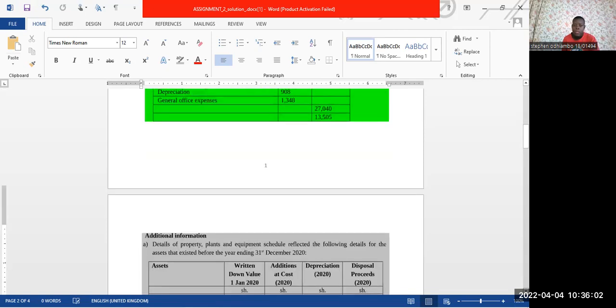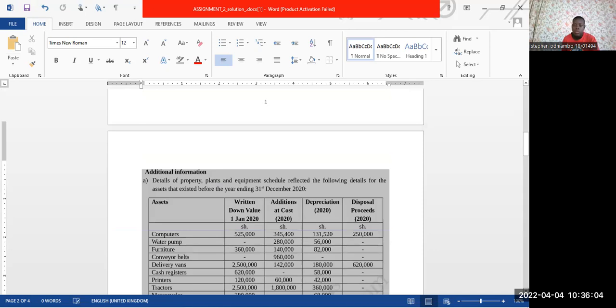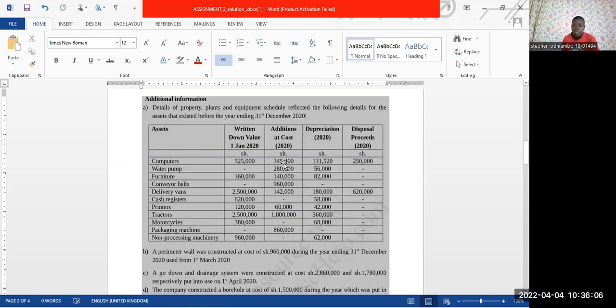Water pump is in the additional information. You can see the water pump here is 280,000. That is an investment allowance, so you will put it as investment allowance.